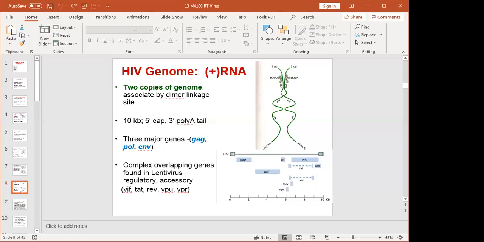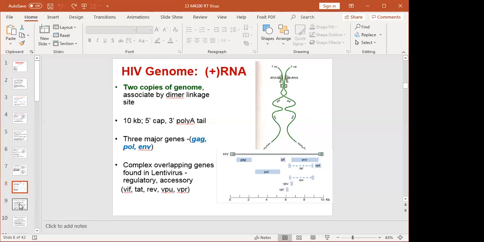These overlapping genes usually code for regulatory or accessory proteins. Some of these regulatory and accessory proteins are called VIF, TAT, REV, VPU, VPR.